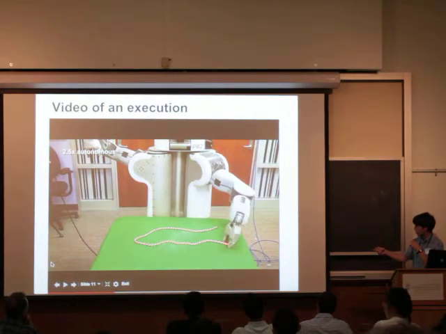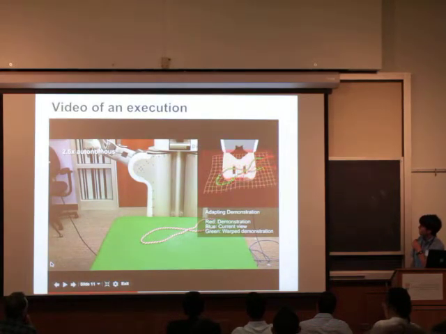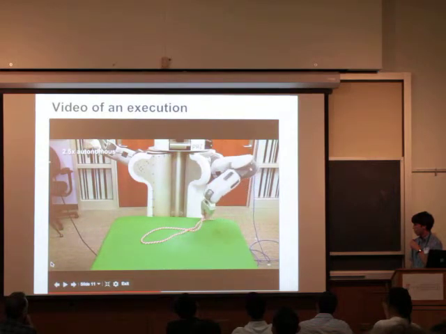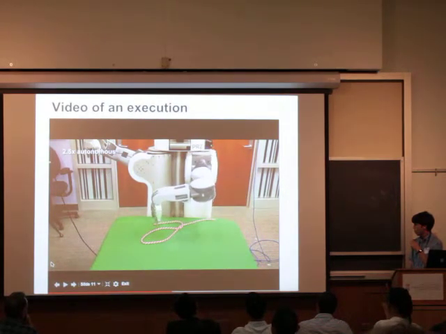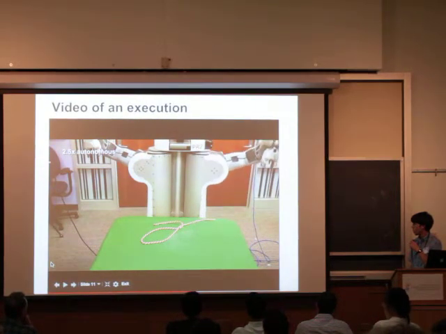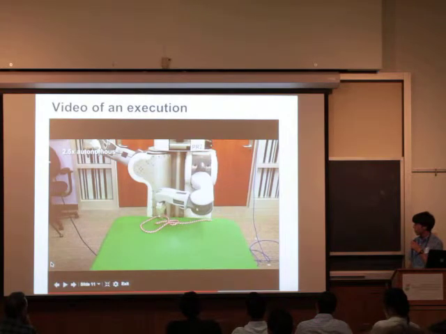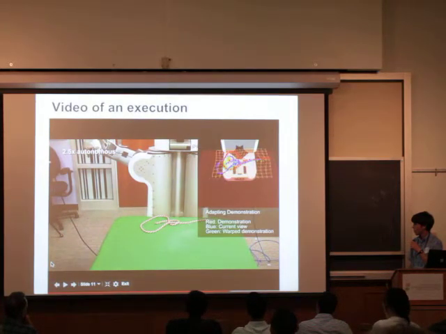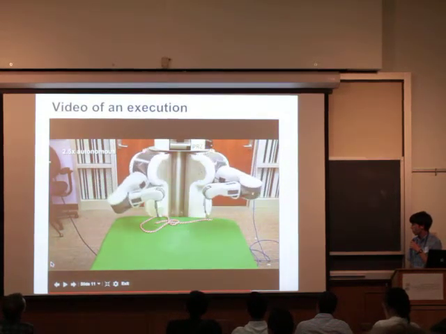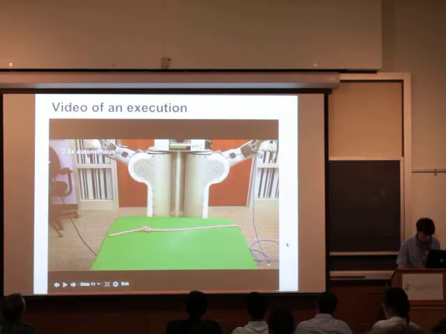And here it's going to successfully figure out where the rope ends are and successfully move them to the right place for the transformation. Okay, so it's successfully able to tie them on.